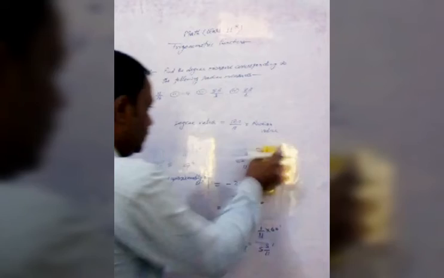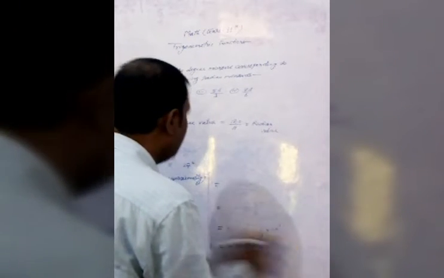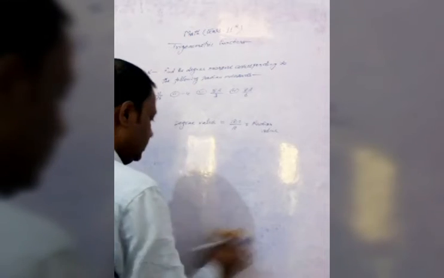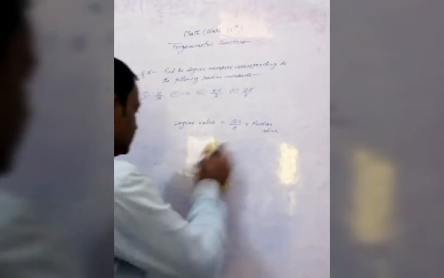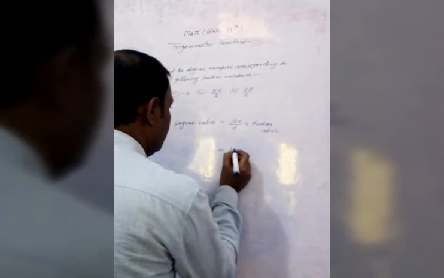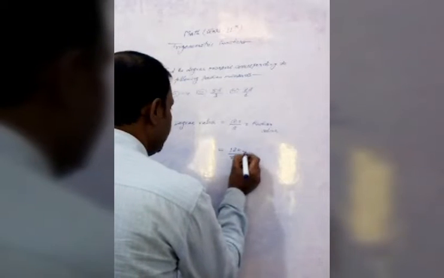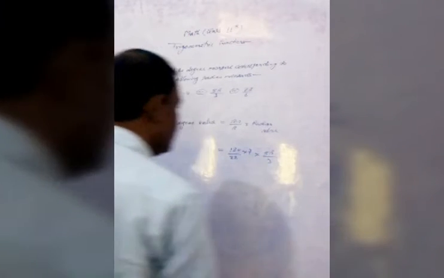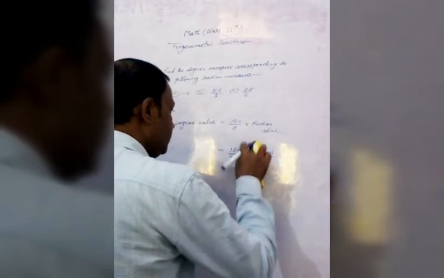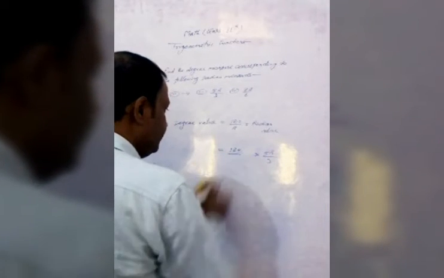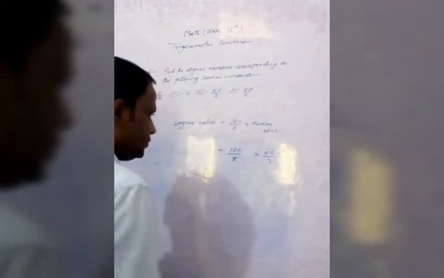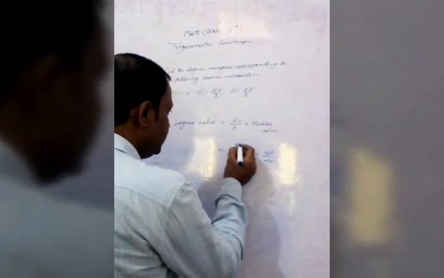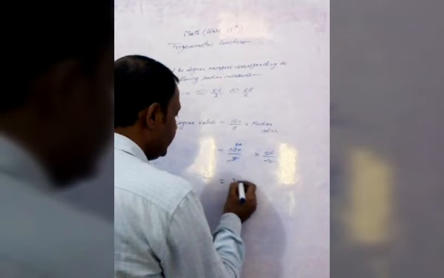And now the third part of this question is 5 pi by 3. How can we get the value in degree of this? Put the value 180 upon pi is 22 by 7 into the radian value 5 pi by 3. We have to put the value pi just as pi here for simplification. Pi cancel. 3 6 18, that is 60. 60 5 is 300 degree.